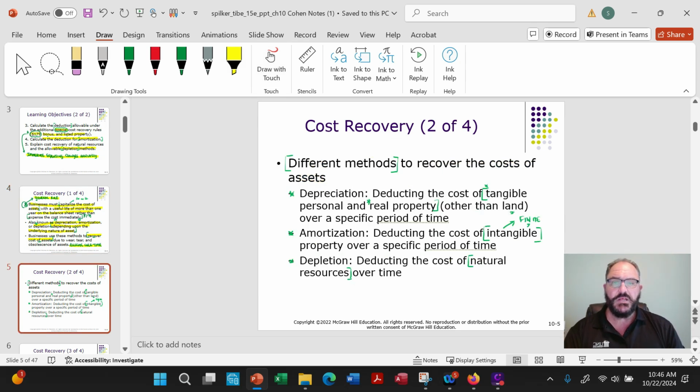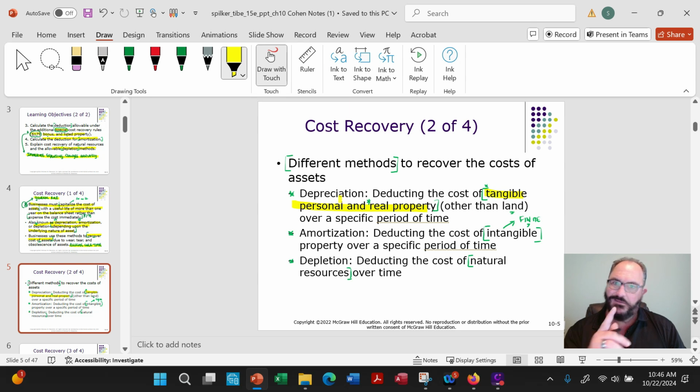Okay? So when you talk about depreciation, these are tangible personal property and real property. Notice, other than land. Land is not depreciable. Now when you're talking amortization, this is for intangibles that have a finite life over a specific period of time. Otherwise, you don't amortize them at all if they don't have a time frame.